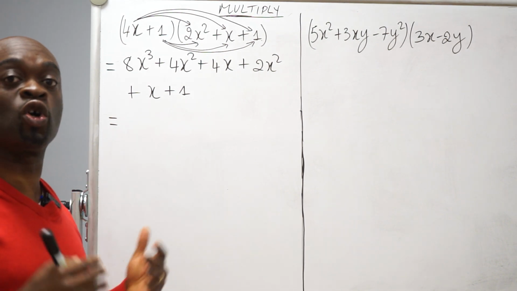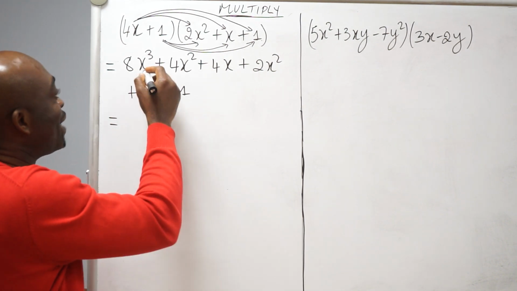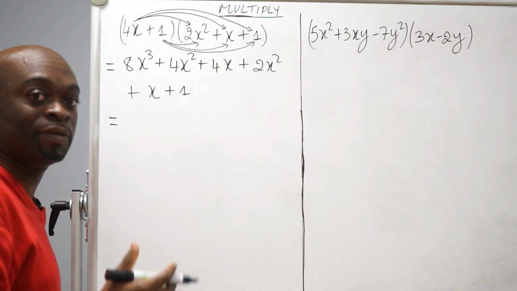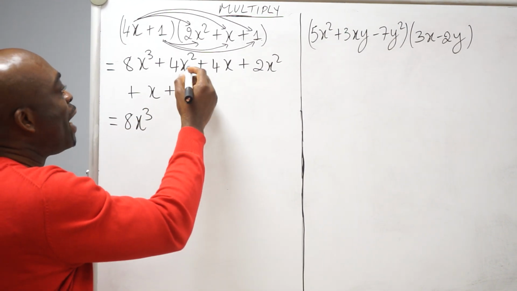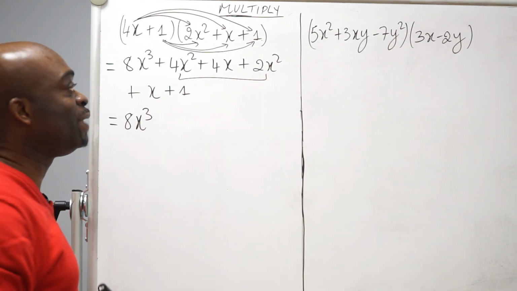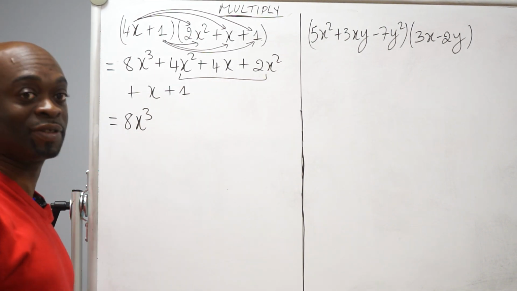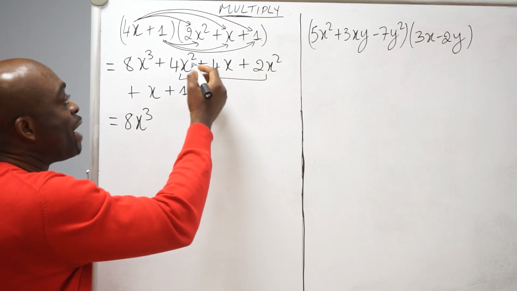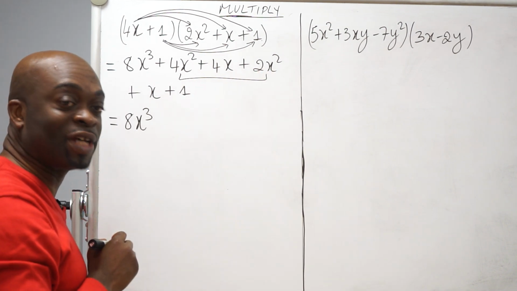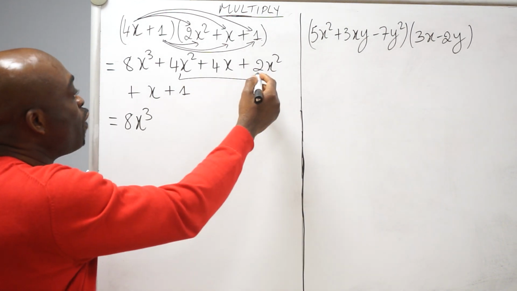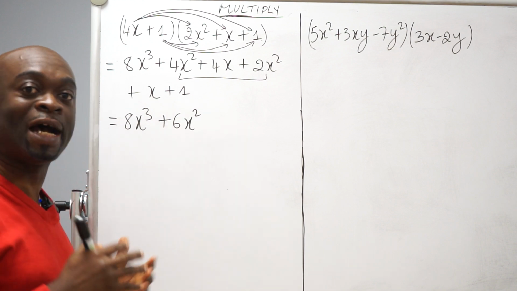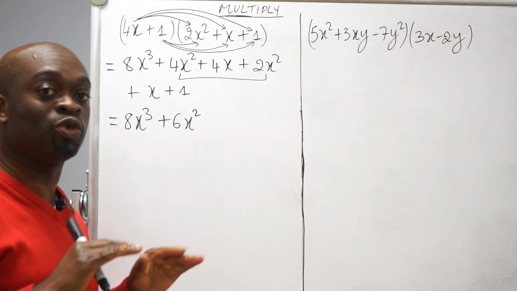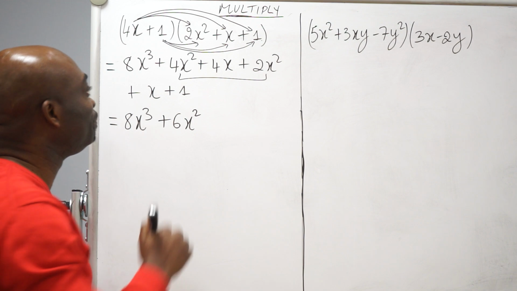So we have now to combine like terms, okay? So 8x to the third has nobody to play with, so it stays the same. 8x to the third. Now, what happens to the 4x? It can be combined with 2x to the second power, okay? Because both of them carry the same family name, which is x squared in this case. So 4 plus 2 is 6, then x squared. Remember, when you add or subtract the variables, you do not change the powers, okay?